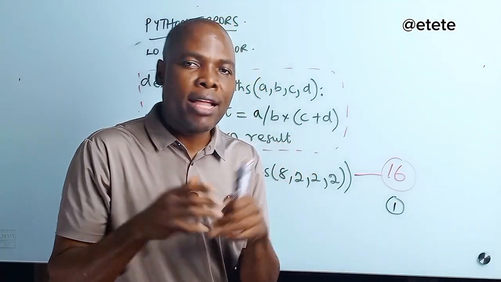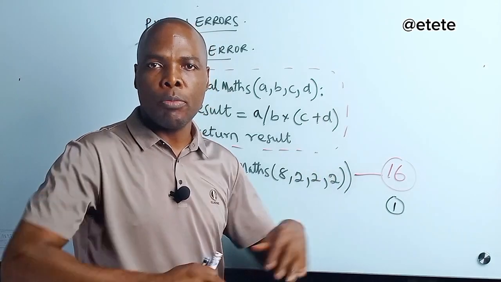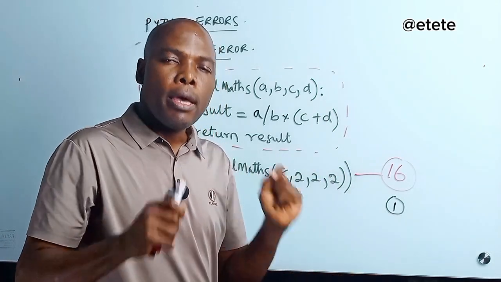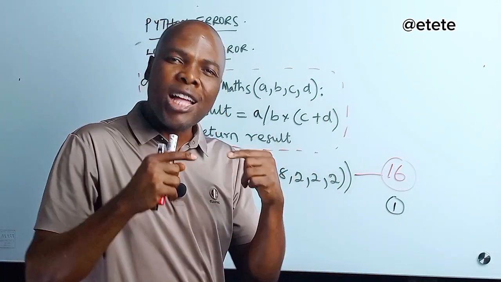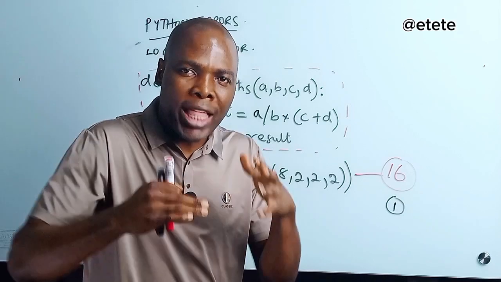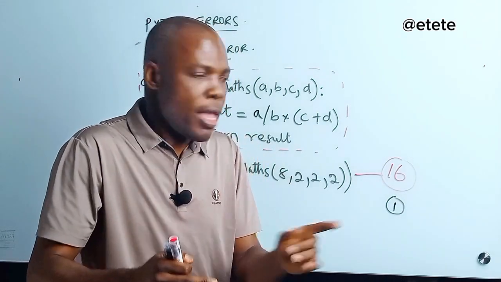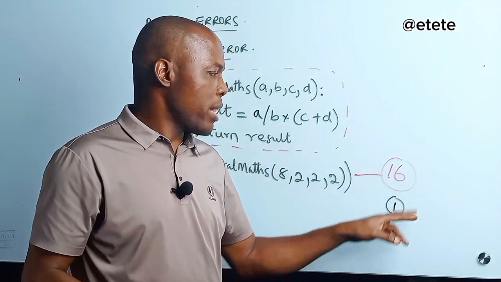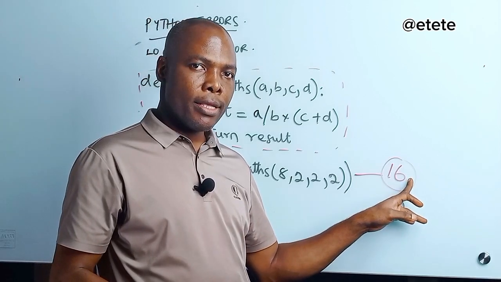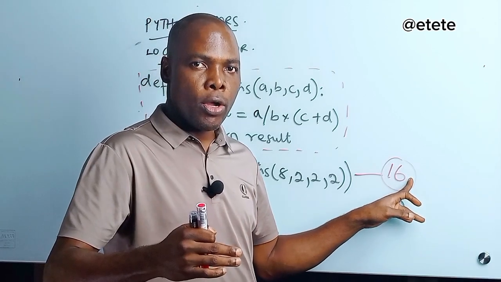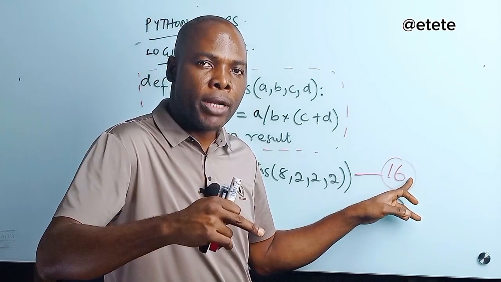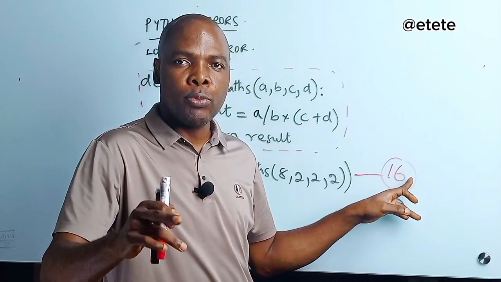Now, how do I find that out? The system would not tell me there's an error because there is no error. But my output is not what I intended. I want to get 1, but I'm getting 16. So that is a logical error. The logic of the program is what is changing my output.